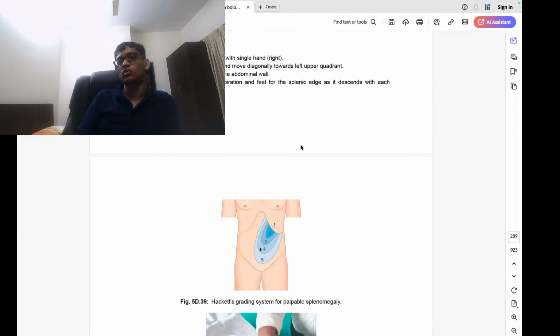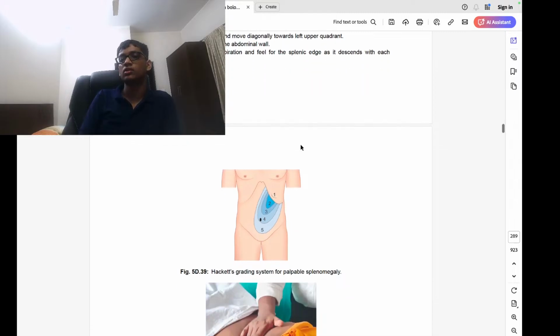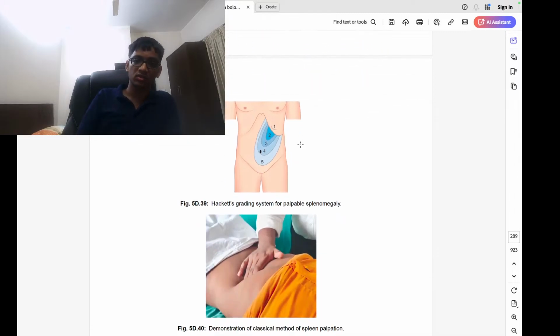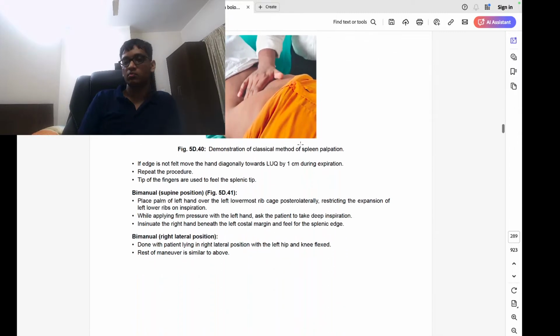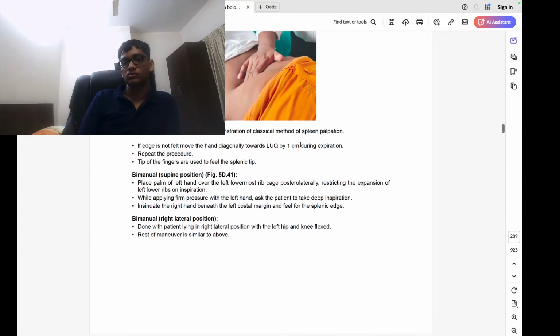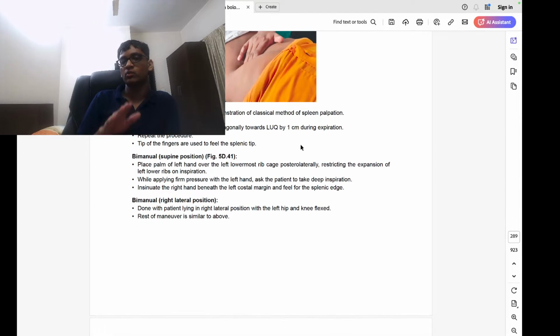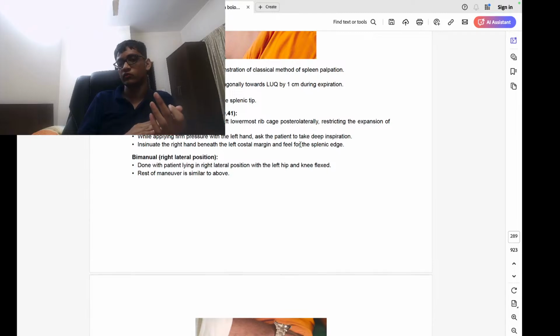Keep the hand steady during inspiration and feel for the spleen as it descends with each inspiration, using only one hand. If the edge is not felt, move the hand more diagonally towards the left upper quadrant by 1 centimeter during inspiration and expiration. Repeat the procedure. The tips of the fingers are used to feel the spleen.